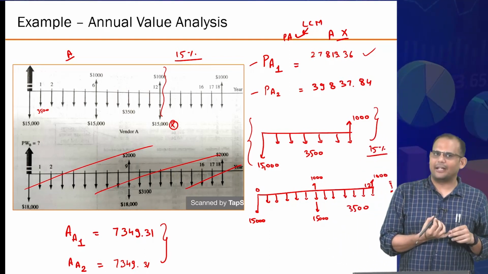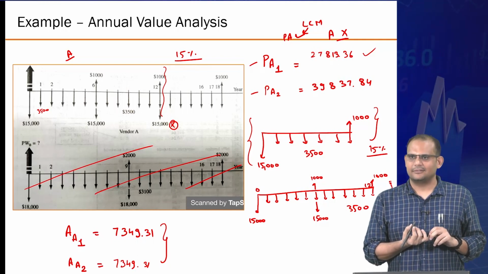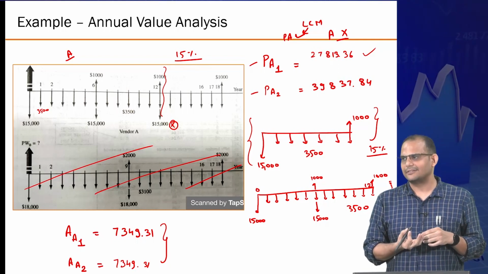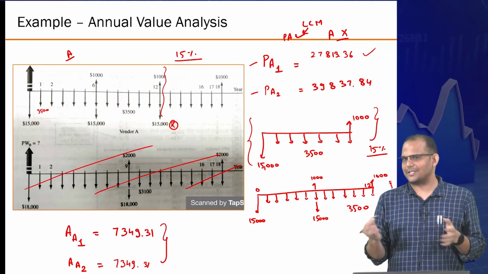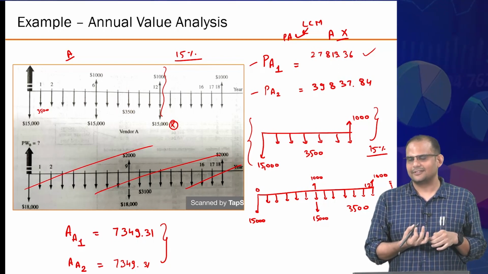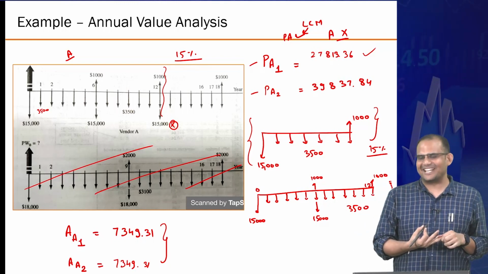Can anyone tell me why? Why is this happening? Annual worth is coming same, present worth is different for two cycles. Why? No, of course you are adding two cycles. That's not the answer. Why do you think this is happening?